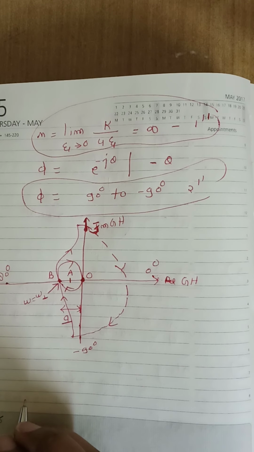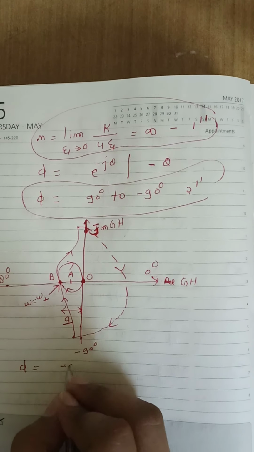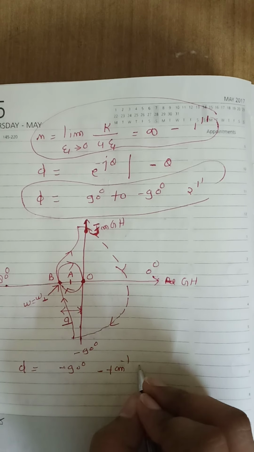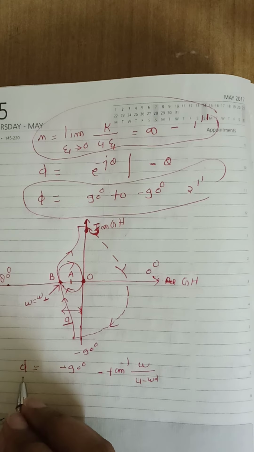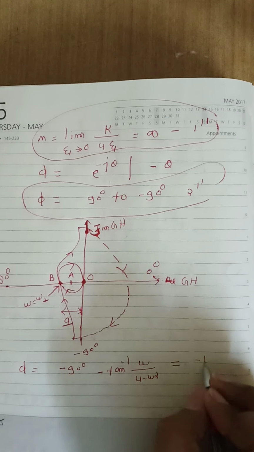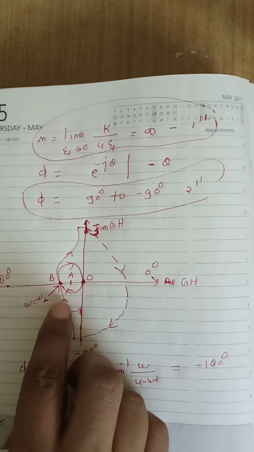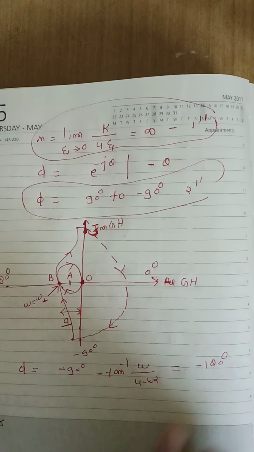And from the second equation we have a phase angle of minus 90 degree minus tan inverse of omega over 4 minus omega square. We have the value minus 180 degree because the plot will intersect the minus 180 degree line. So we have minus 180 degree.